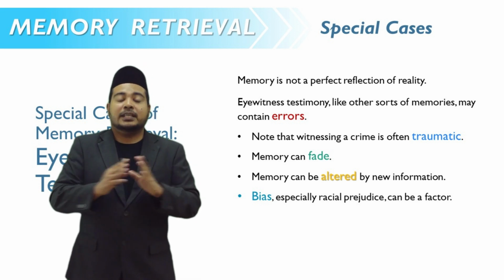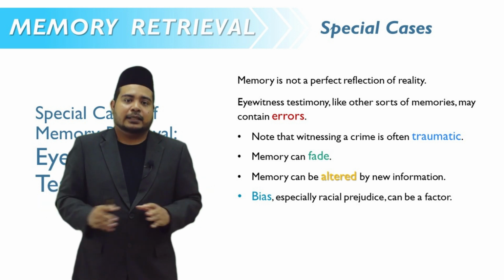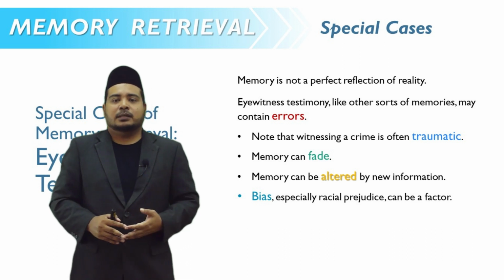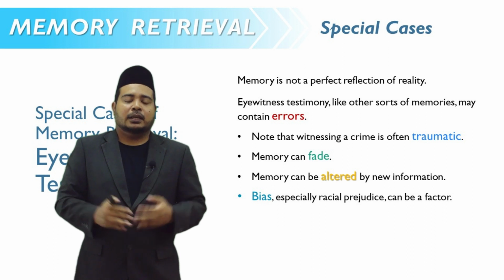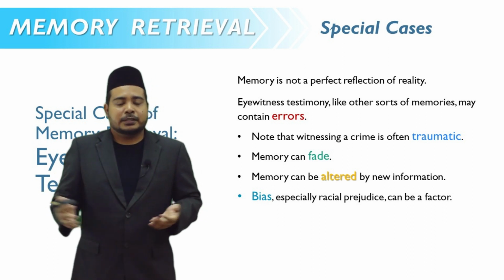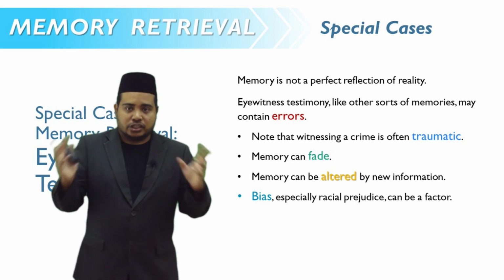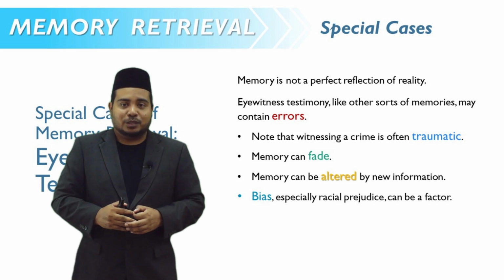So one of the easiest ways to cross-validate the validity and accuracy of eyewitness testimony is to have multiple witnesses being asked by multiple persons in different settings, so that you can gauge the accuracy or validity of the testimony.